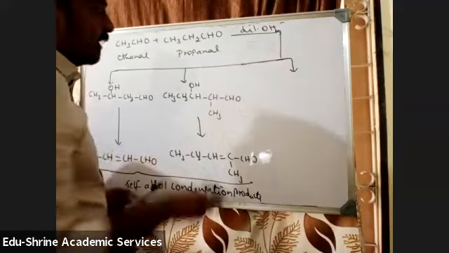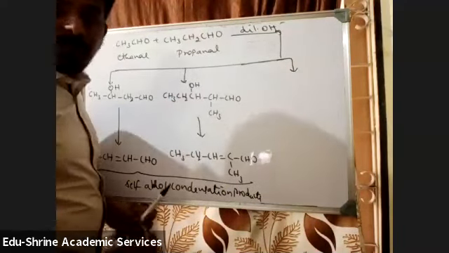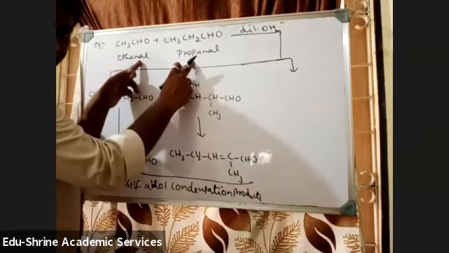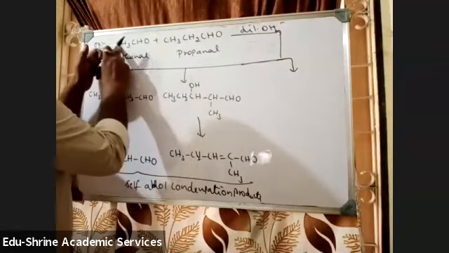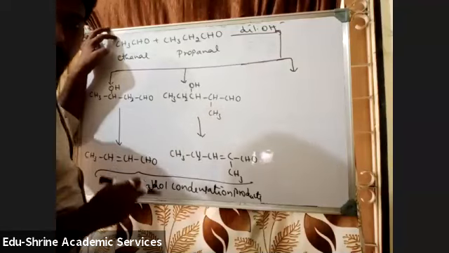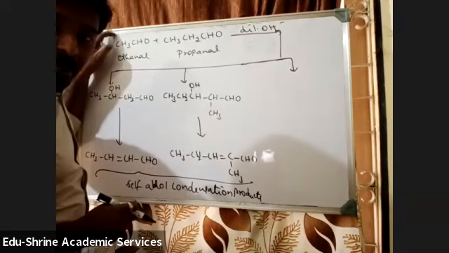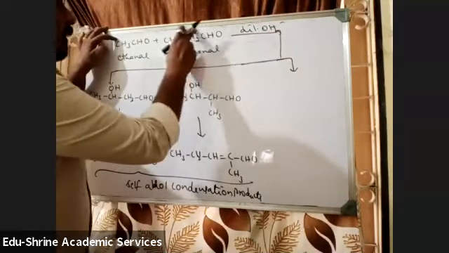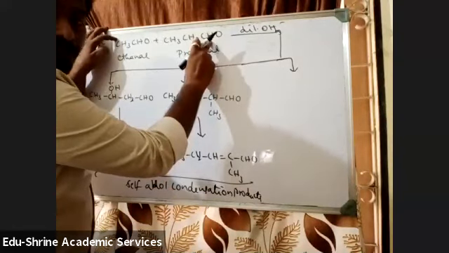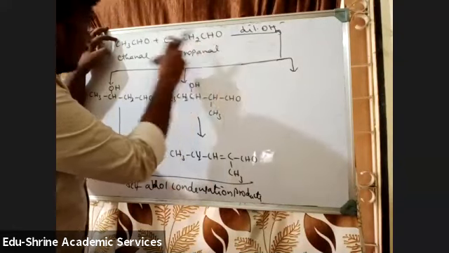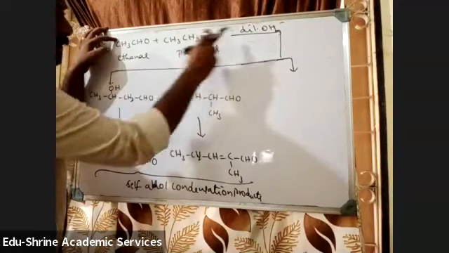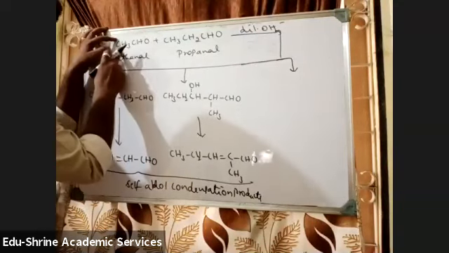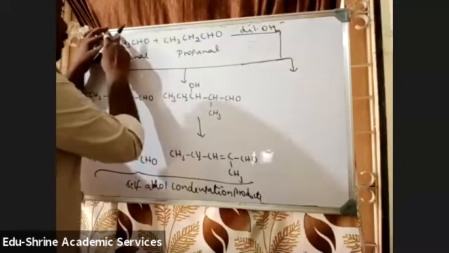Third product: reaction between these two. When these two are reacting, let me generate a carbanion here. If I am getting a carbanion here, then this will be converted into OH. If the base is attacking this hydrogen, you will get a carbanion here.